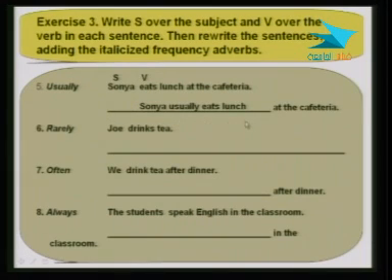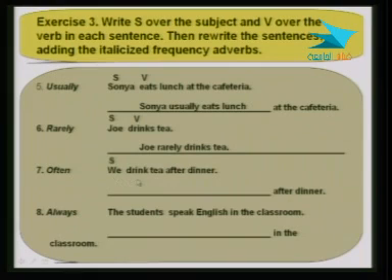Rarely, subject, verb, right? And Joe rarely drinks tea, right? And notice that we don't have any completion here, because if we use rarely, we don't say anything after that. And often, we drink tea after dinner.